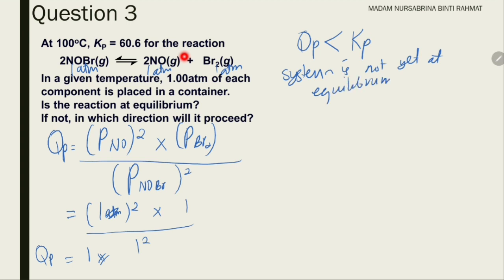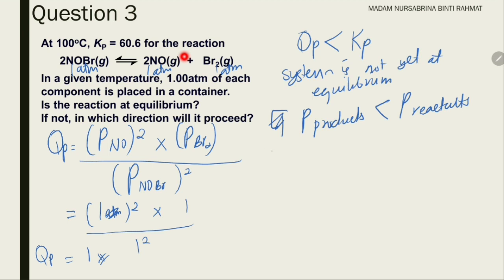So which one is more? When Qp is less than Kp, or Q less than K, that means the partial pressure of your products is less than the partial pressure of your reactants. That means we have more pressure on the reactant side.